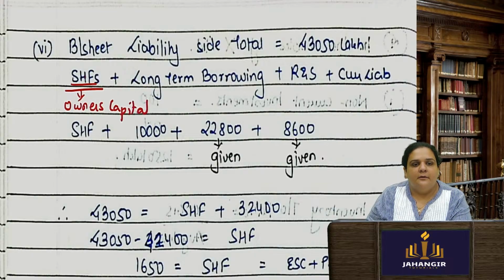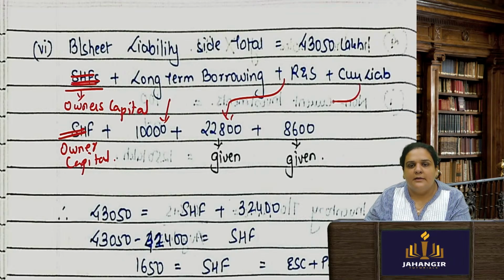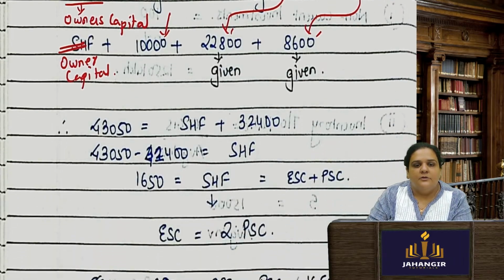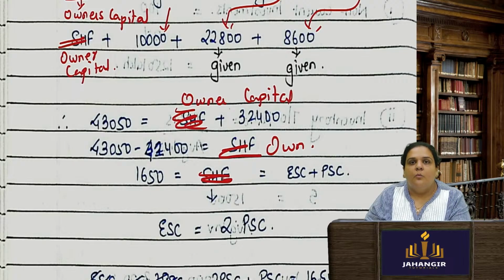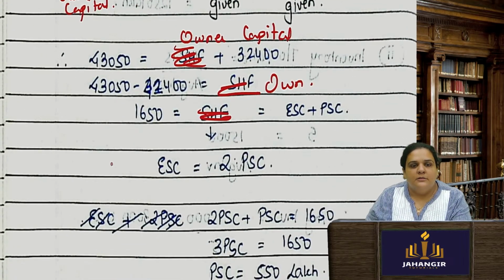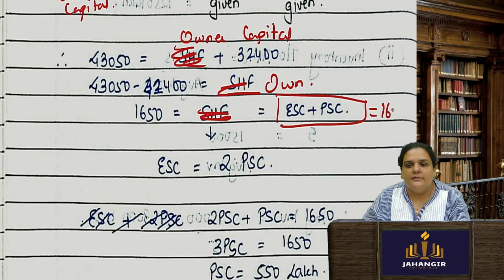Owners' capital plus long-term borrowings, plus reserves and surplus given, current liabilities given. So your owners' capital is going to be 1650. That means equity share capital plus preference share capital is equal to 1650.